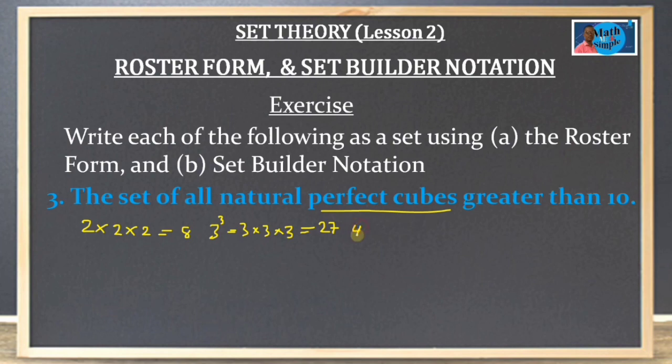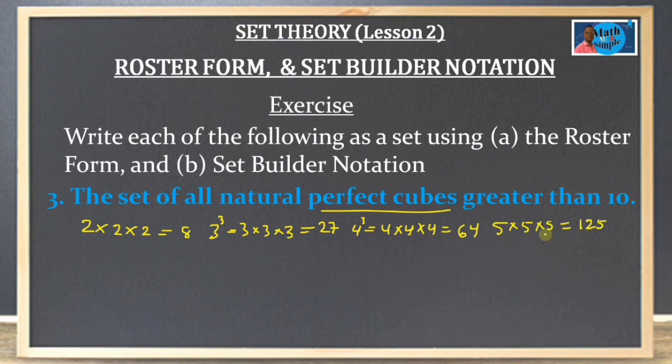Then 4 cube, which is 4 times 4 times 4, and that will give us 64. Then we have 5 times 5 times 5, and that will give us 125.